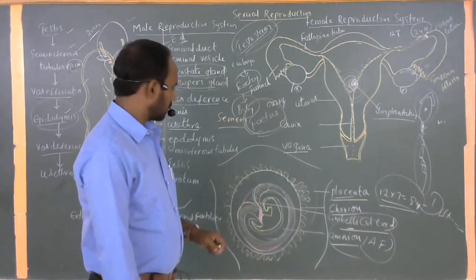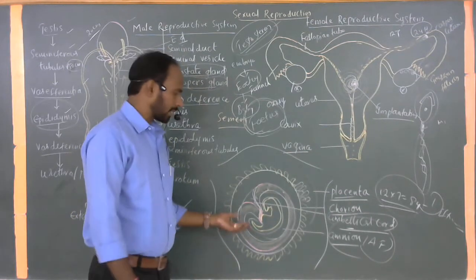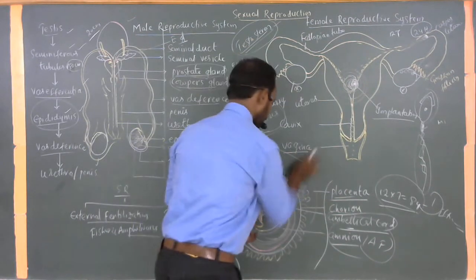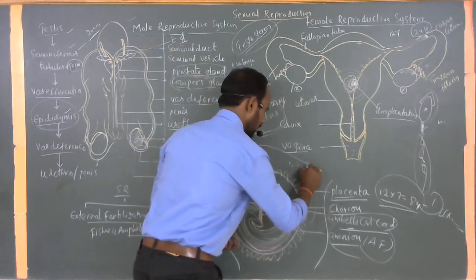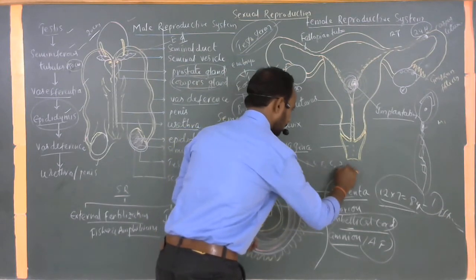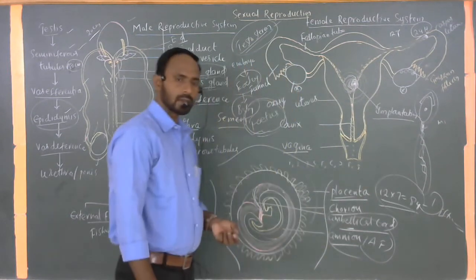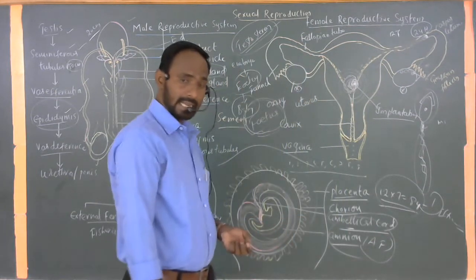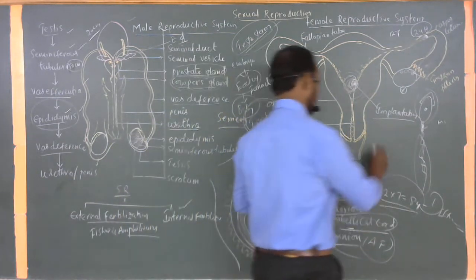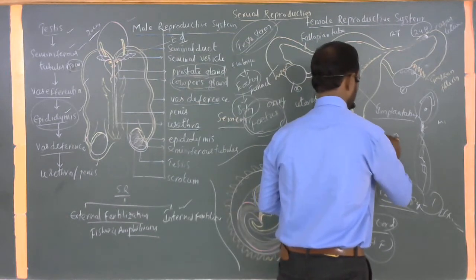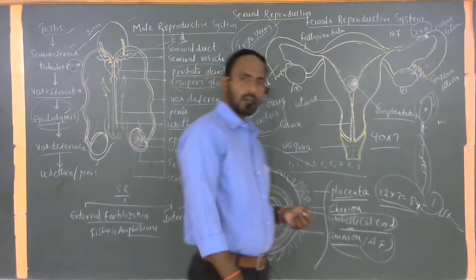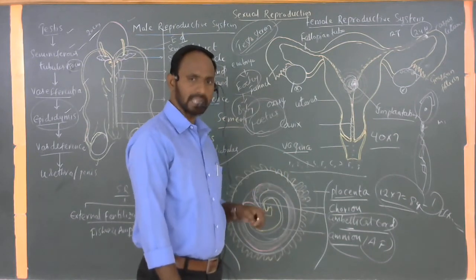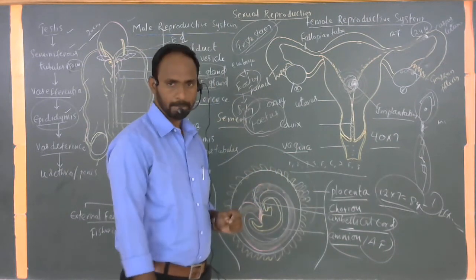Understand? Okay. After those 9 months, the next process comes. 1, 2, 3, 4, 5, 6, 7, 8 and 9. This is basically counting of the months, but doctors detect the growing baby's stages by weeks. 40 into 7. This period of complete formation of the baby in the mother's womb is commonly called the gestation period.